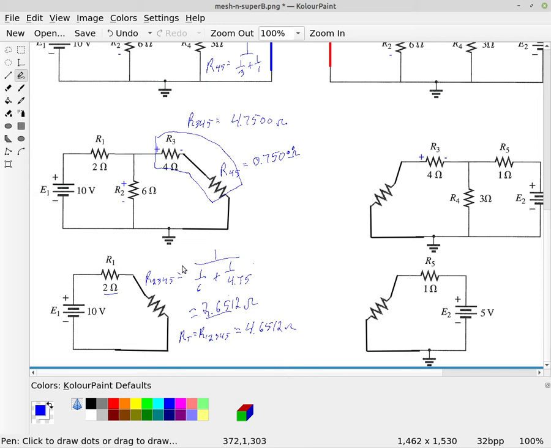So now we can find the voltage at this node, call it node A, which is the same voltage as at this node.